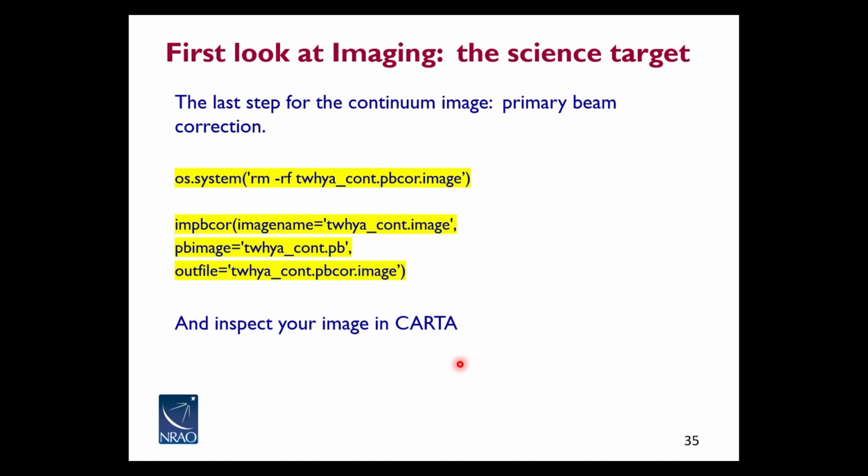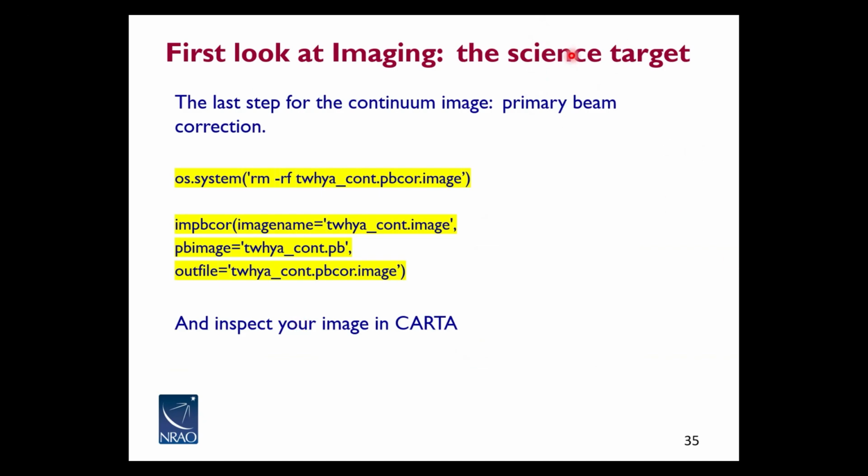Basically, I think impbcor is simple: it's just dividing the continuum image we created by the primary beam to account for the attenuation. So that's actually a very simple calculation. And we can use CASA to inspect how it is different.